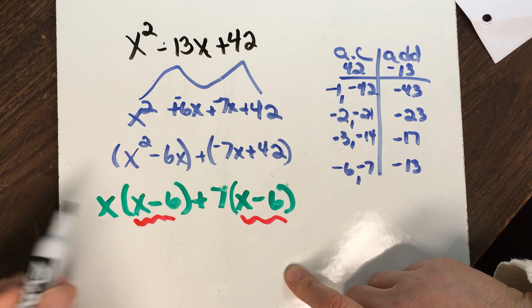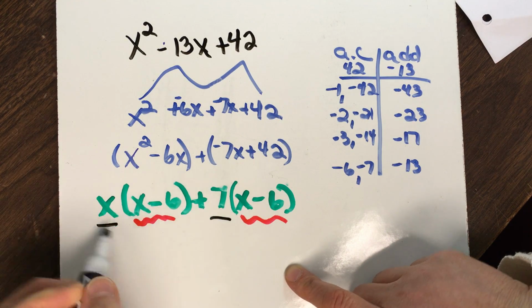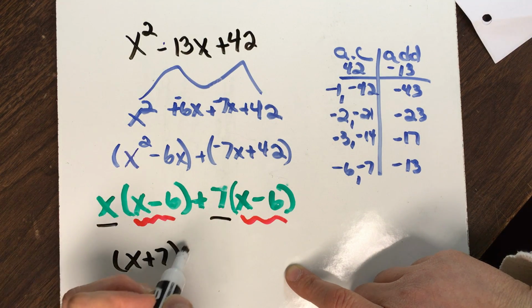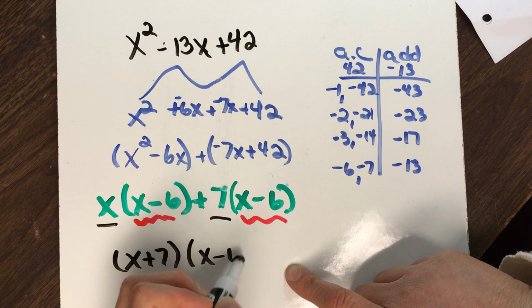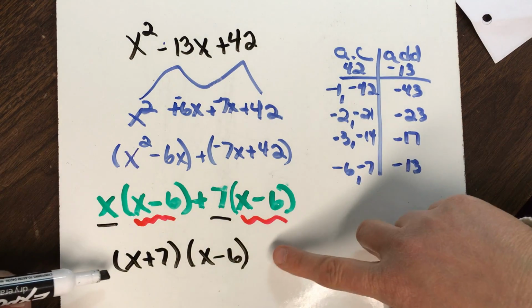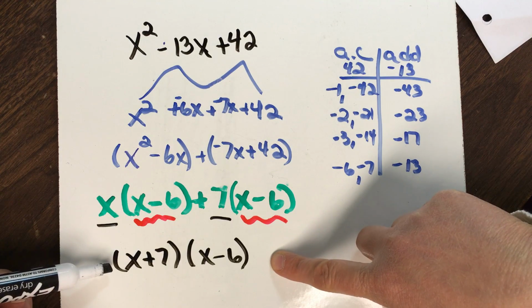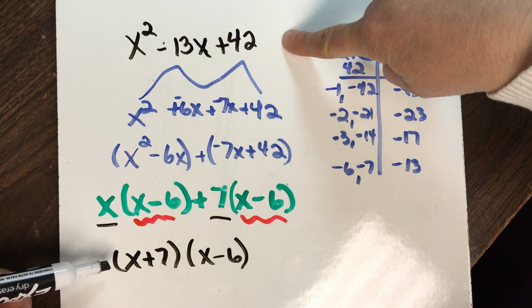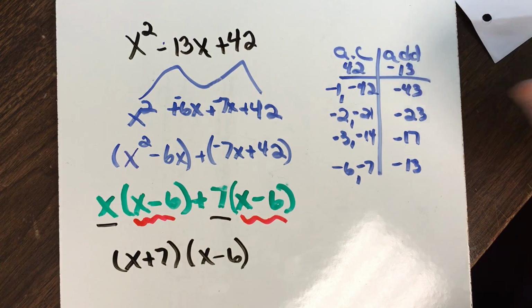Now I'm going to recombine. This piece and this piece go together, and then the pieces in red go together. I know I've done this correctly. These match. If I wanted to truly check my answer, I would use the FOIL method, redistribute, go back to my original answer. Give it a try.